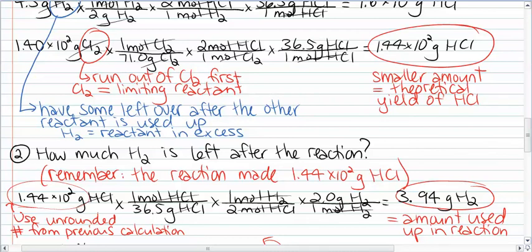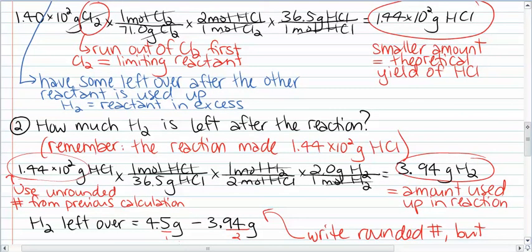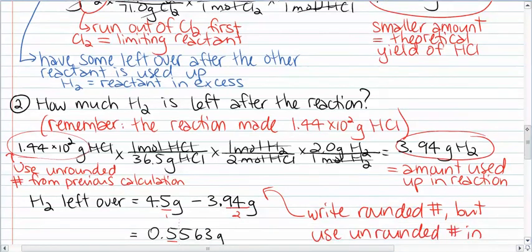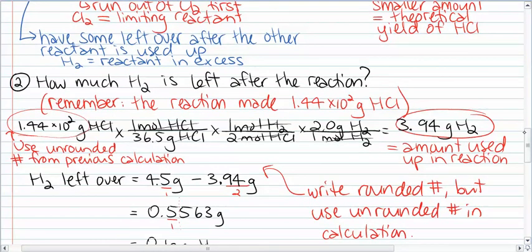So we get 3.94 grams of H2 as the amount that's used up in the reaction. So to figure out how much is left over, we start with what we started with, 4.5 grams, and we subtract the amount that gets used up, the 3.94 grams. Again, we're writing the rounded number, 3.94, but we're going to use the unrounded number in our calculation.